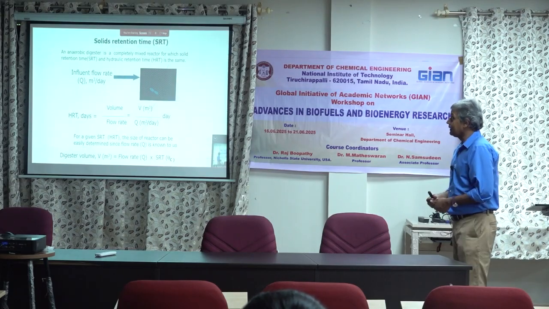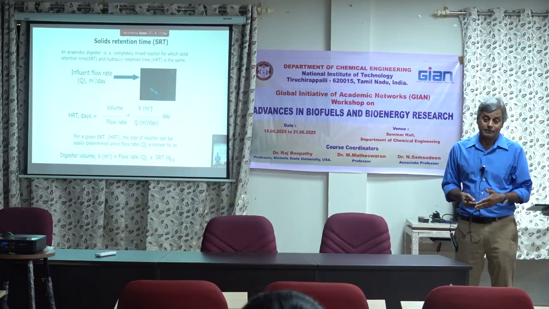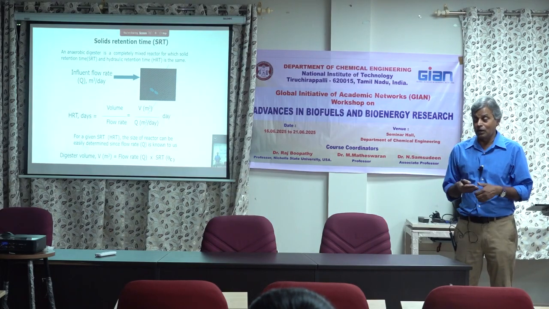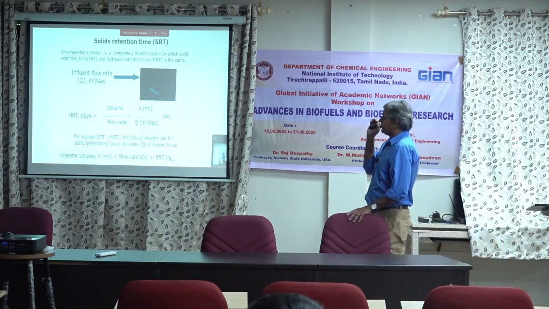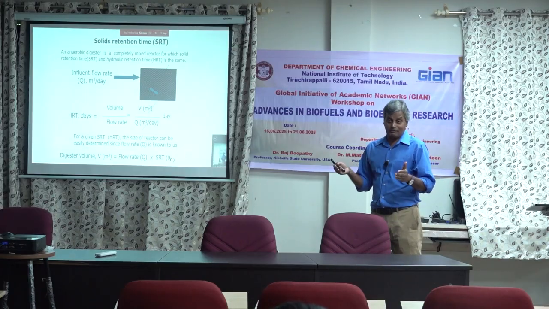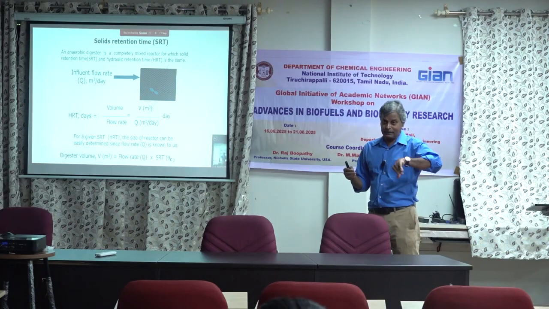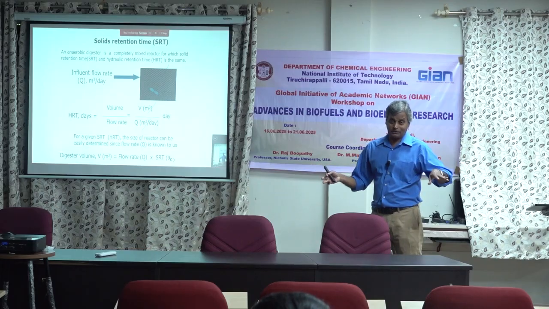How do you find out the solids or sludge retention time? How long should the bacteria stay inside before being washed out? An anaerobic digester that is a completely mixed reactor will have equal HRT and SRT. When you mix the system, HRT and SRT are always equal.